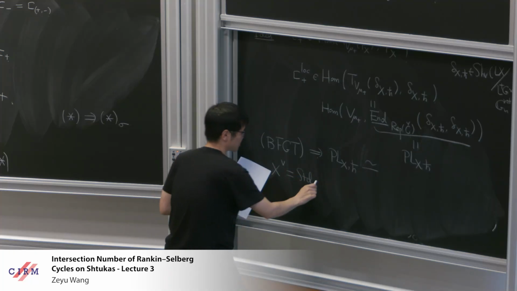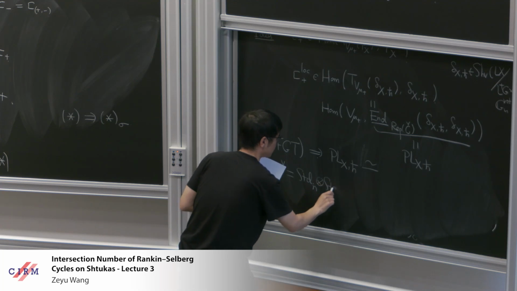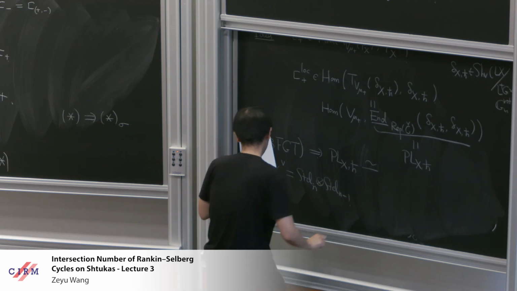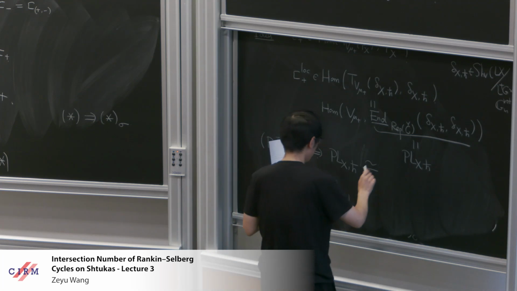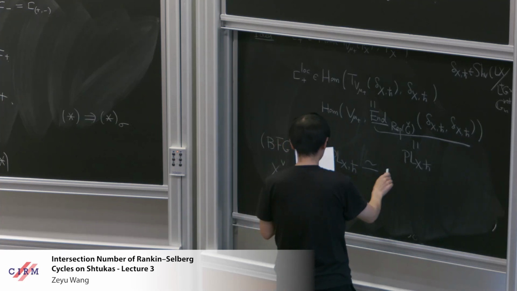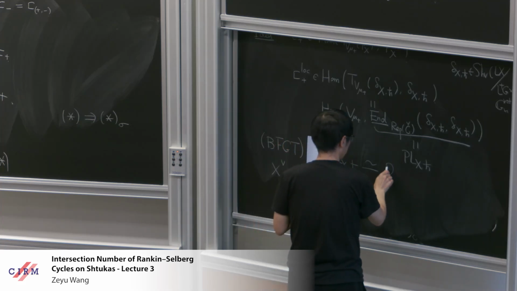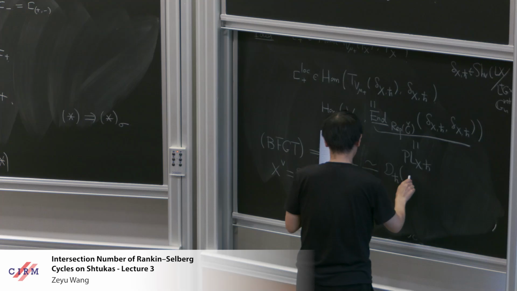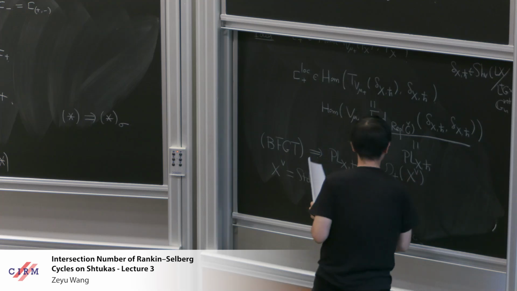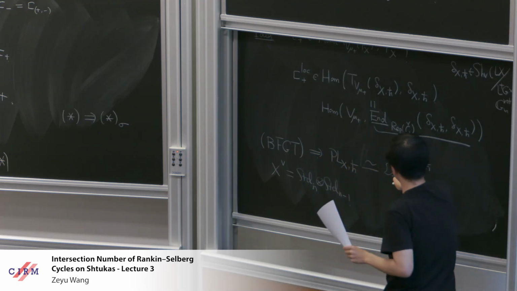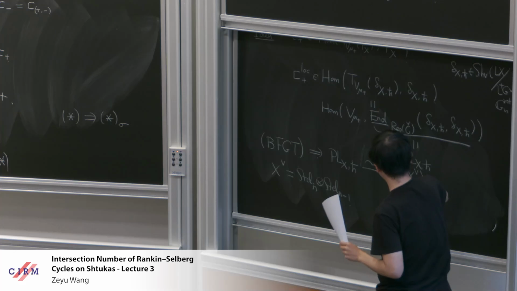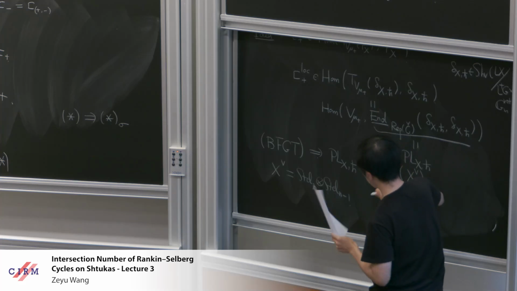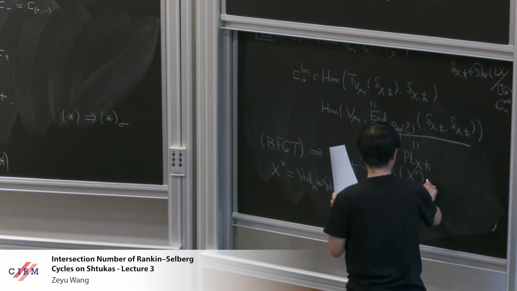The dual X check will be standard tensor standard minus one. This Plancherel algebra will be isomorphic to some kind of graded version of D-modules over X check.